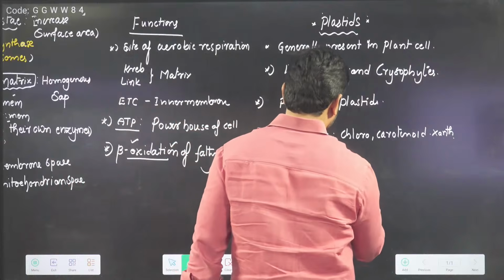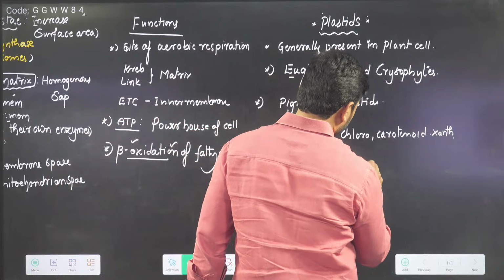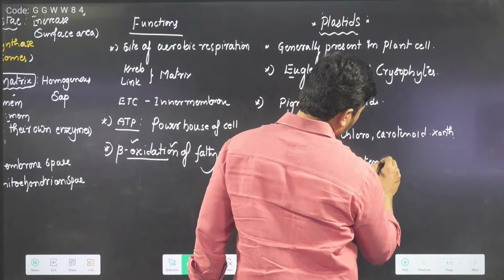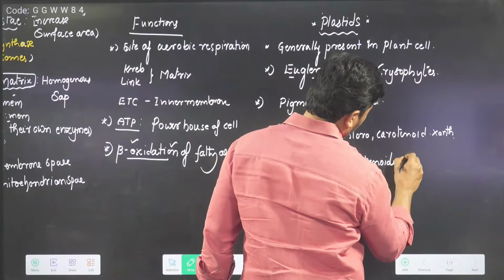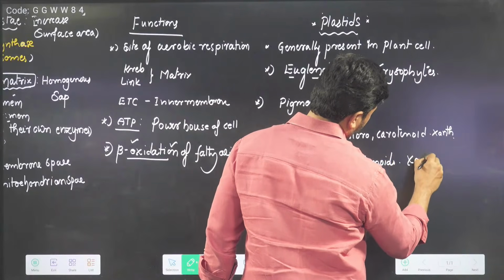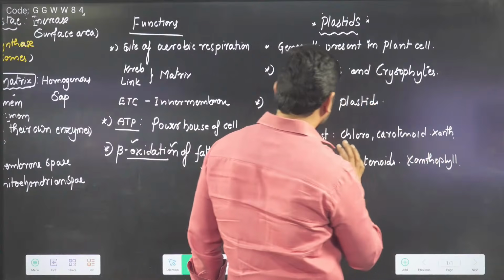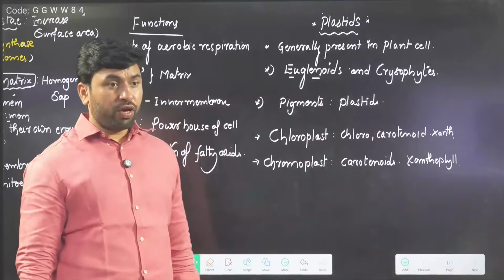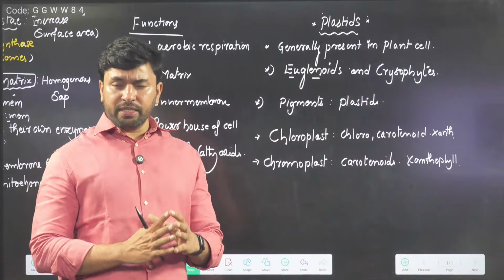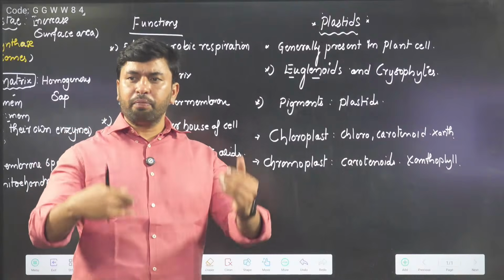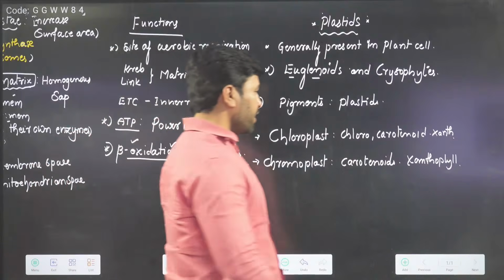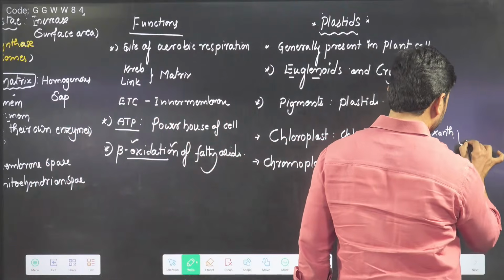Over there they have carotenoids and xanthophyll. One thing you have to catch perfectly: wherever a pigment is present in a plastid, that pigment is a fat soluble pigment.